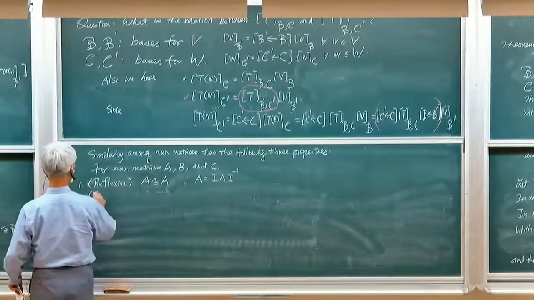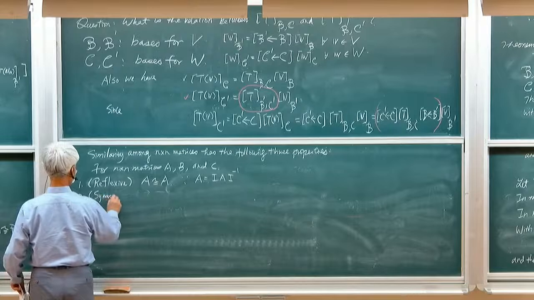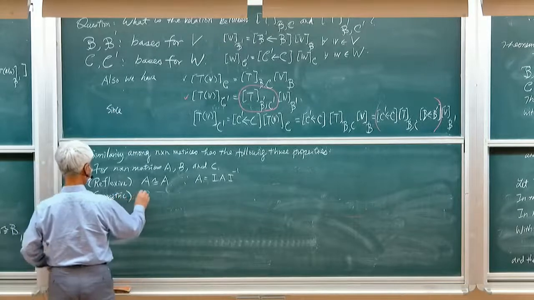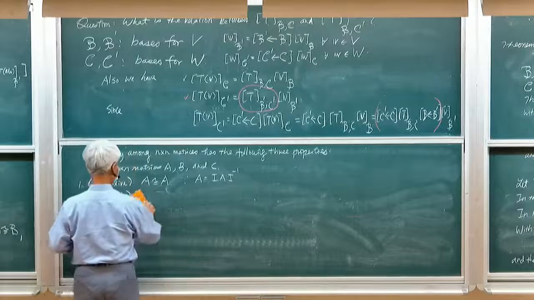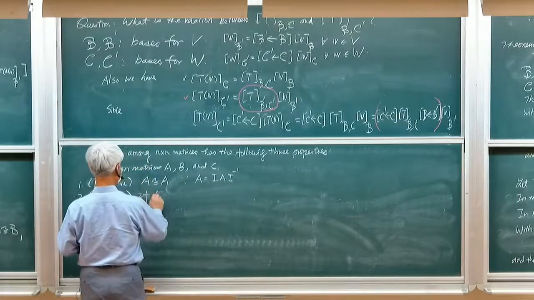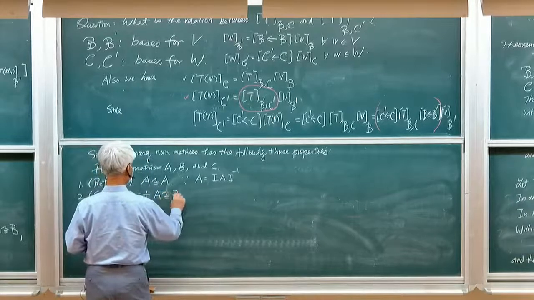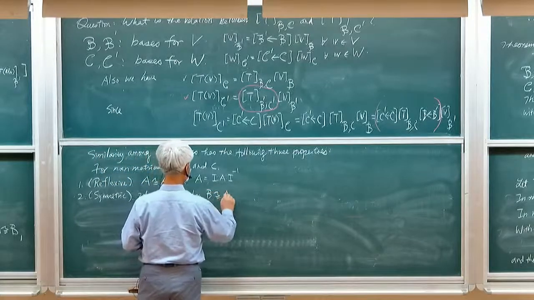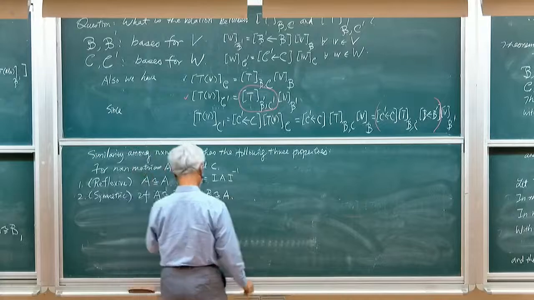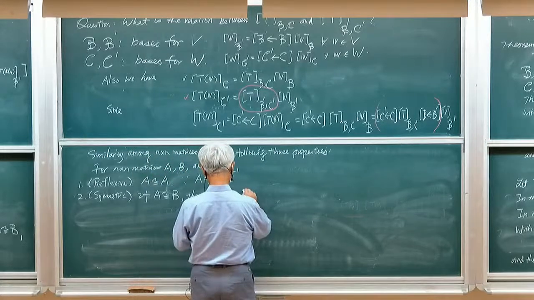Second, symmetric. If A is similar to B, then B is similar to A. Why?